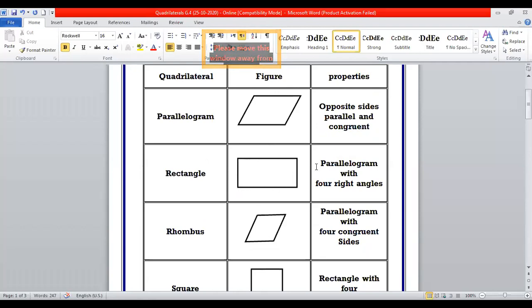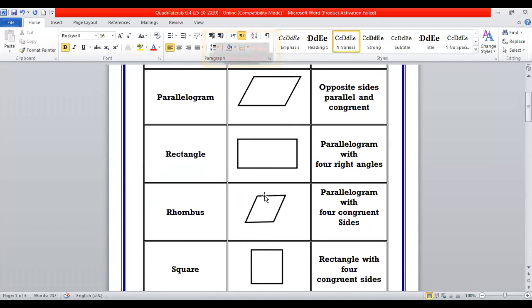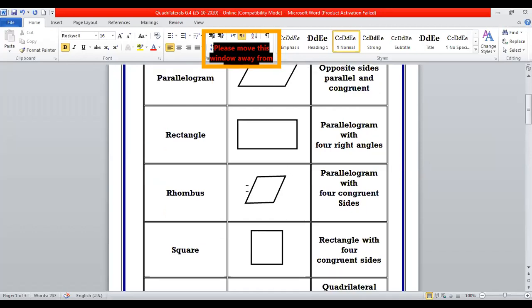For that, we can say the rectangle is a parallelogram but with four right angles. Rhombus: all its sides are equal in length, each two opposite angles are equal in measure, and each two opposite sides are parallel. For that, the rhombus is like the parallelogram, but it has four congruent sides.